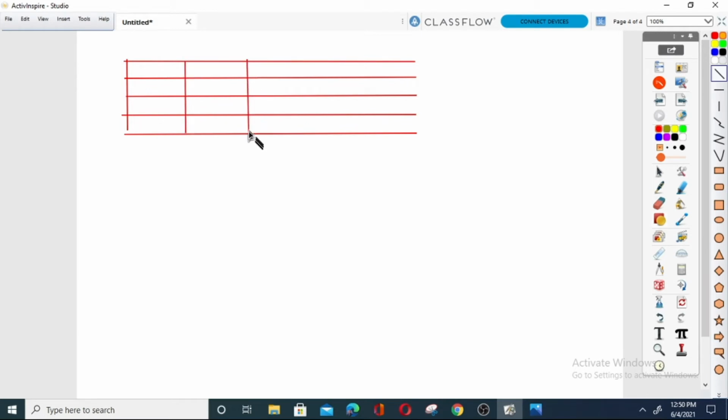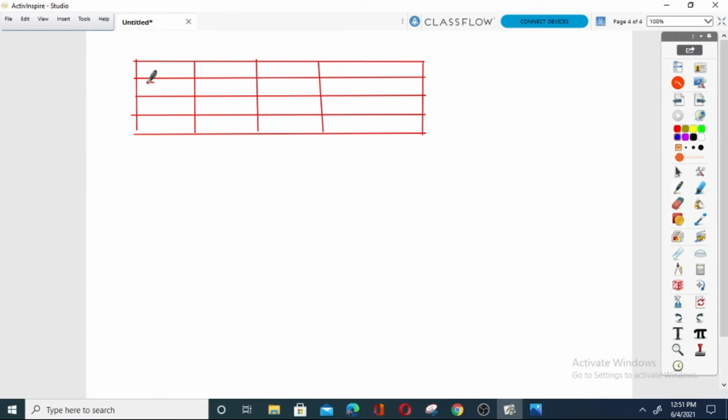So this is for the rate, this is for the time, and this is for the work. There are 3 persons involved: the man, another, and a boy.